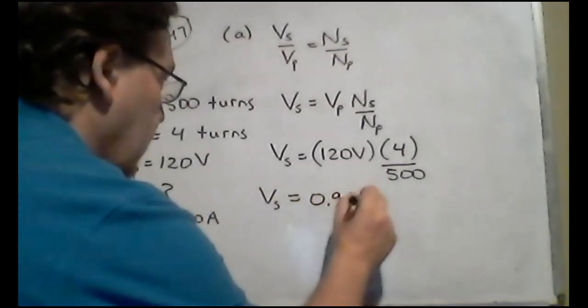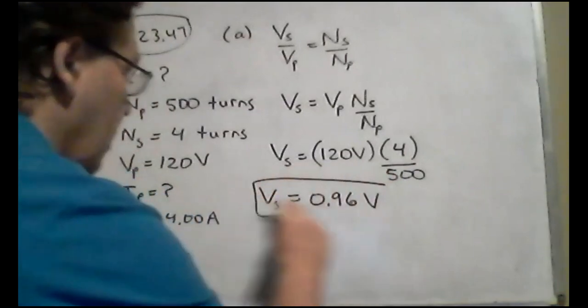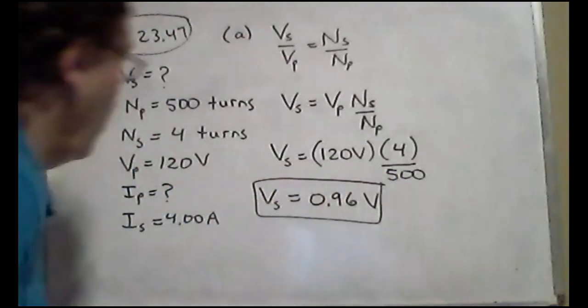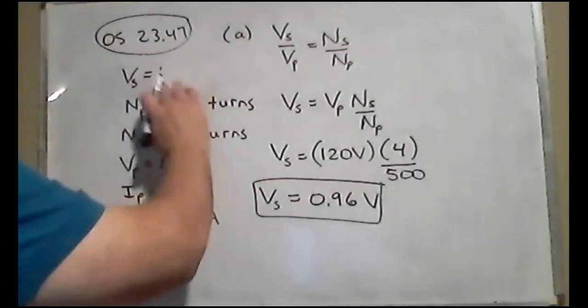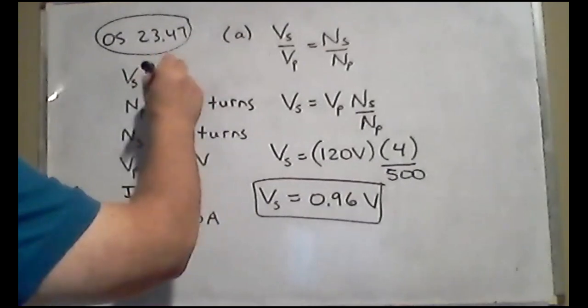It's definitely a step down transformer in a big way, stepping down from 120 volts out of the wall to just 0.96 volts at the secondary. So that's part A.